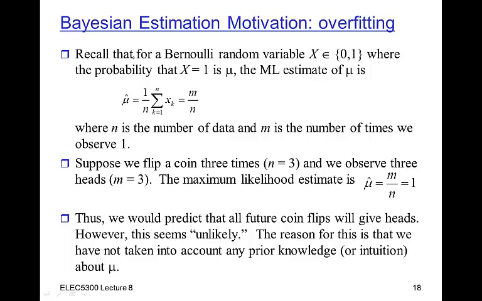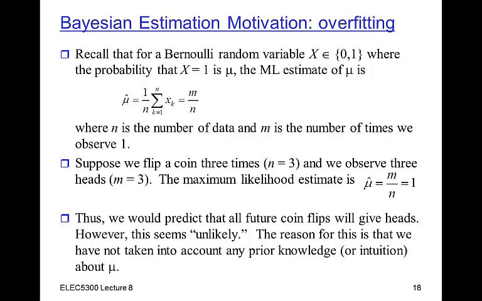Now suppose we perform an experiment: we have a coin, we flip it 3 times, and we observe 3 heads. In that case, the maximum likelihood estimate is mu equal to 3 heads divided by 3 trials, or 1. If we ask what is your best guess of the probability of heads based on the data you've seen, your answer based on maximum likelihood would be 1.